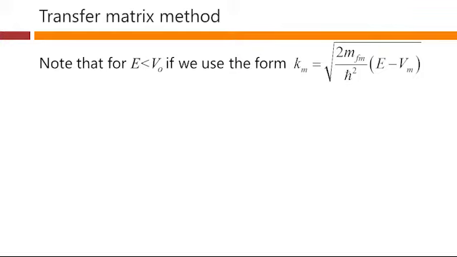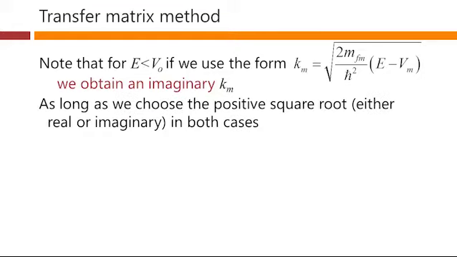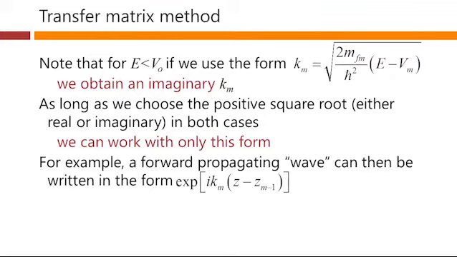So we could talk about a k value that was still the square root of E minus V. Now, this would give us an imaginary Km. But it turns out that algebraically that works just fine. As long as we choose a positive square root all the time, either a real answer or an imaginary one, in both cases, we can work with only this expression.